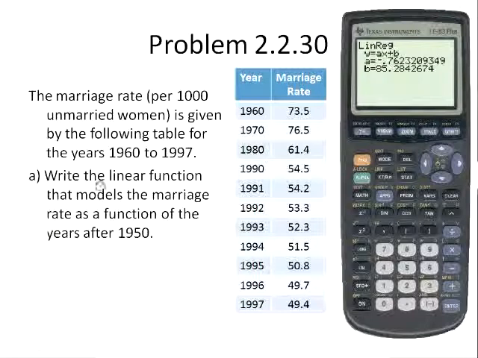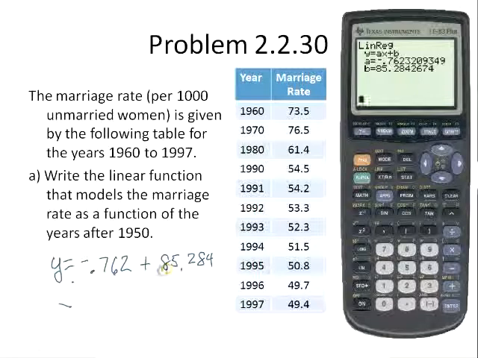Here we go. What we're going to have then is the model is going to be y is equal to, and the A number is going to be negative 0.762, and then plus 85.284.